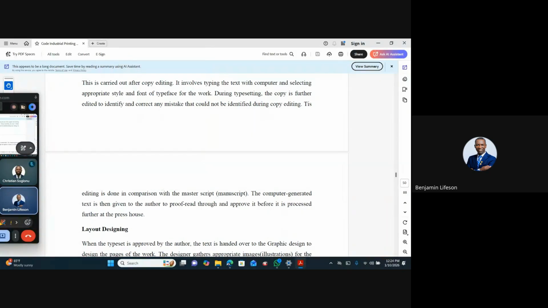And even line spacing. If you are talking about spacing, we have two types of spacing. We have the line spacing. Another name for line spacing is the leading.